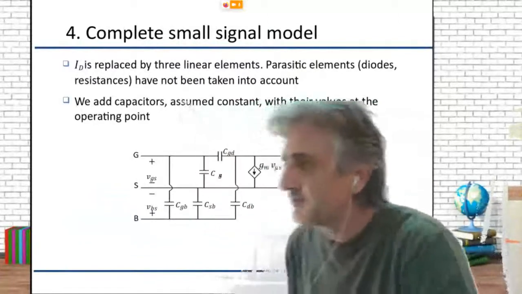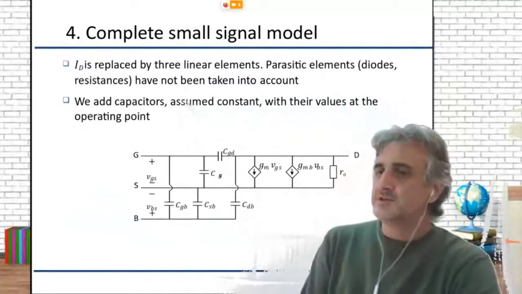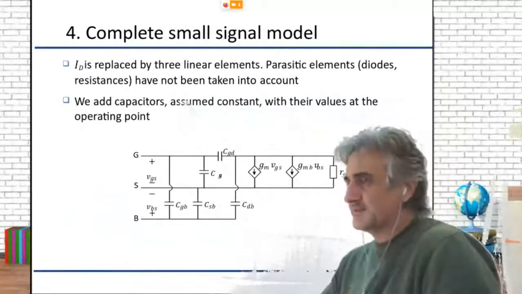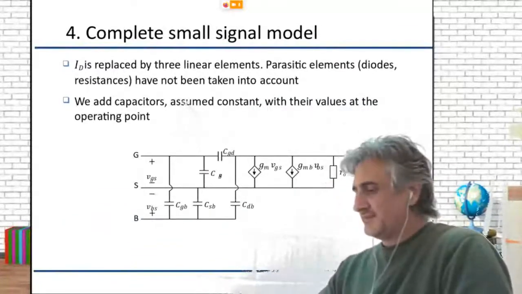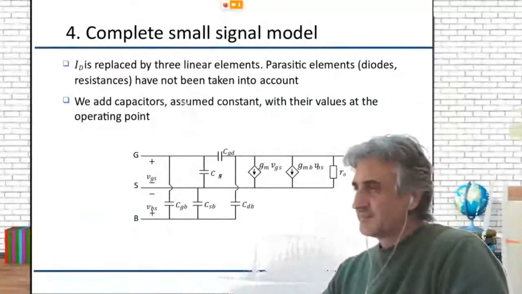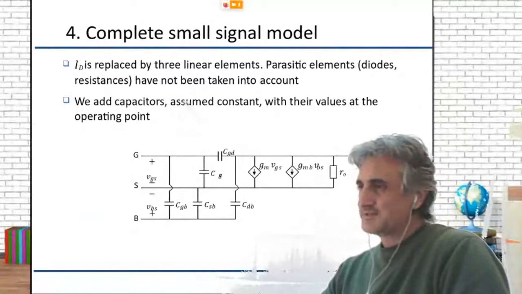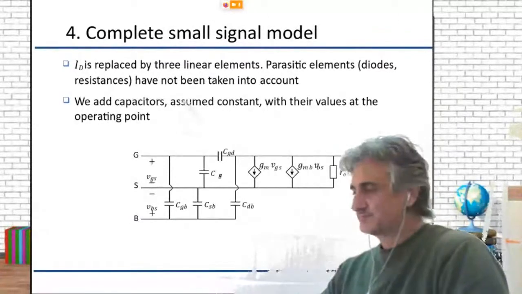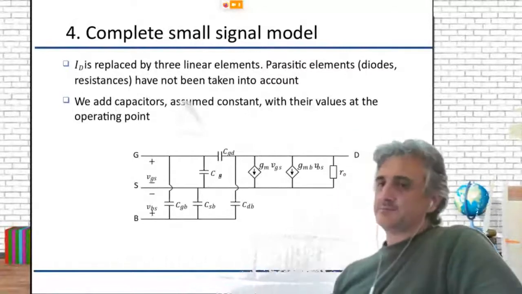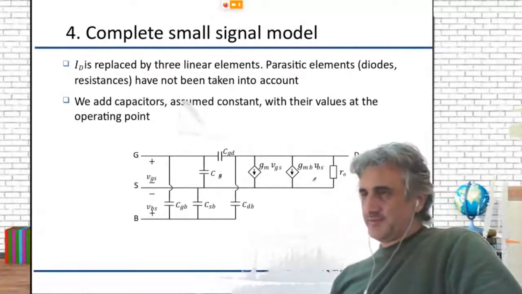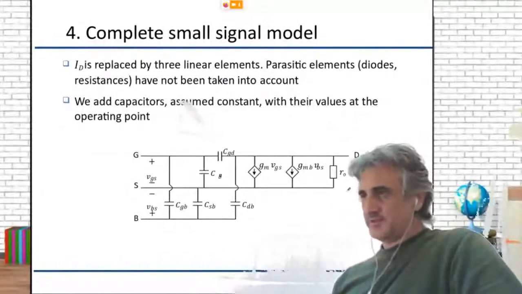Okay, and then for the small signal model, we just replace the transistor by our small signal elements, and we get a complex device. Remember that we have this output, we already know it.